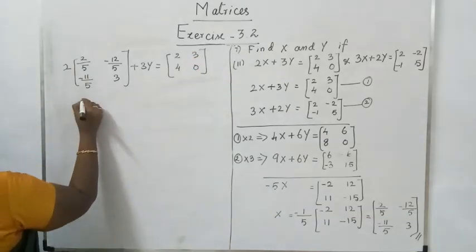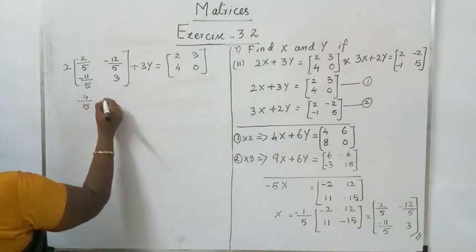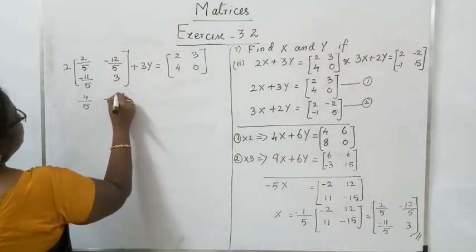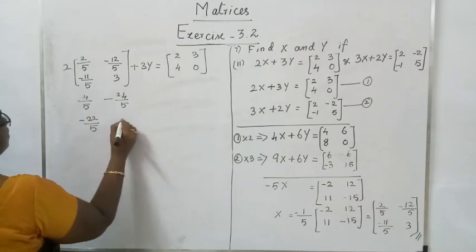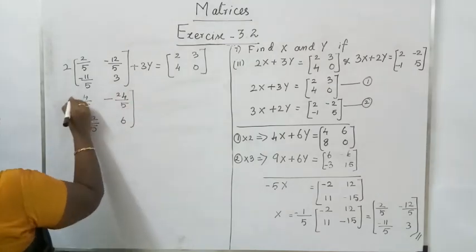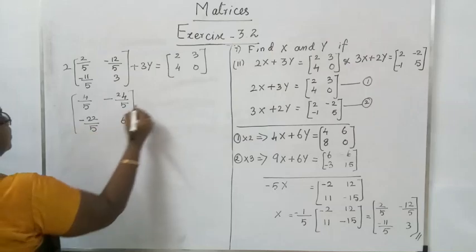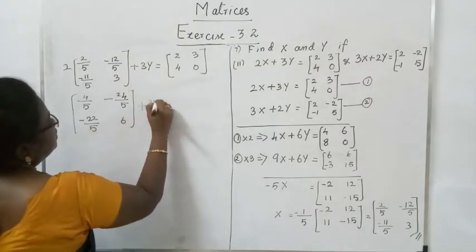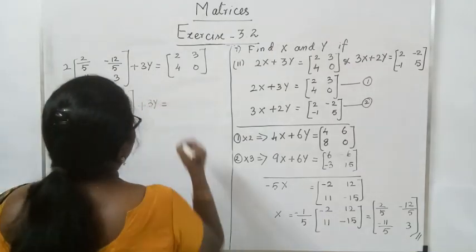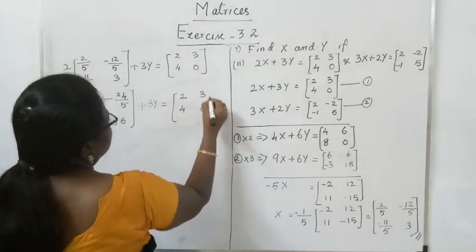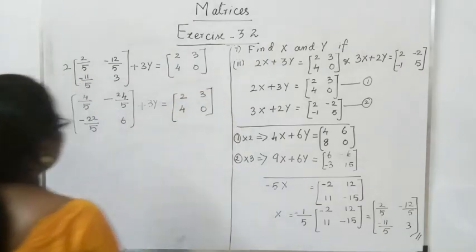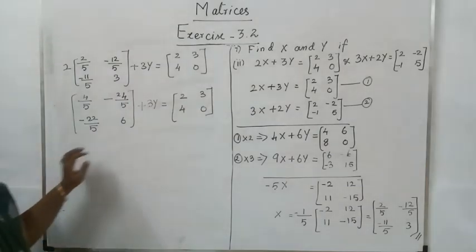So do the scalar multiplication: it will become [4 by 5, minus 24 by 5; minus 22 by 5, 6], plus 3y, which is equal to [2, 3; 4, 0]. Now I have to get the value of 3y.